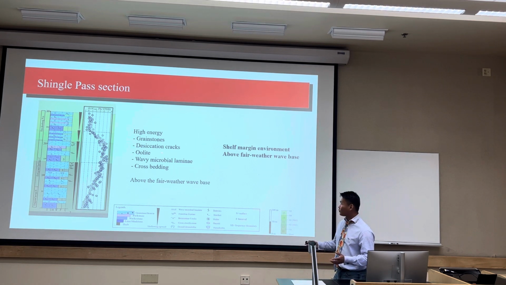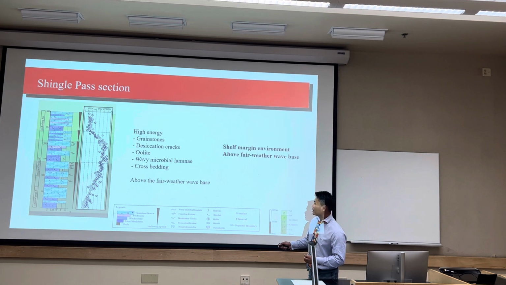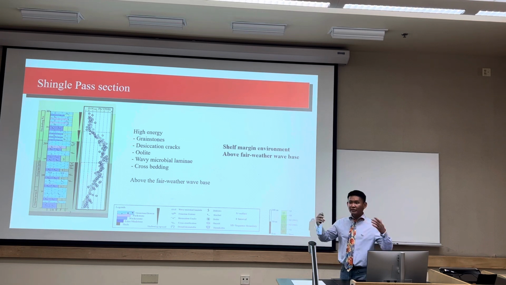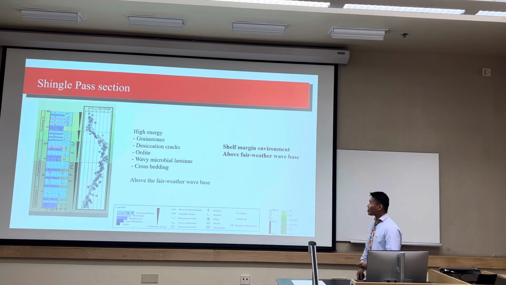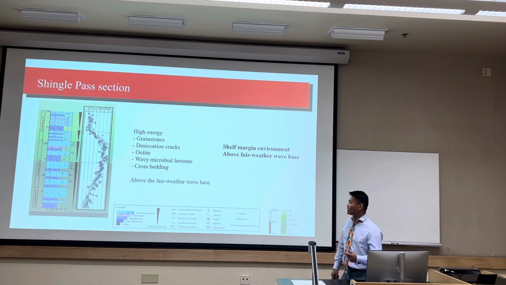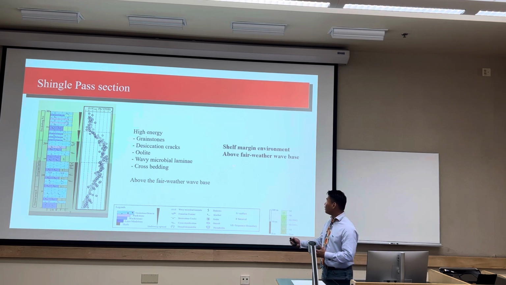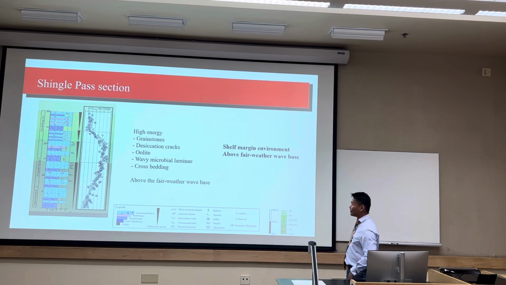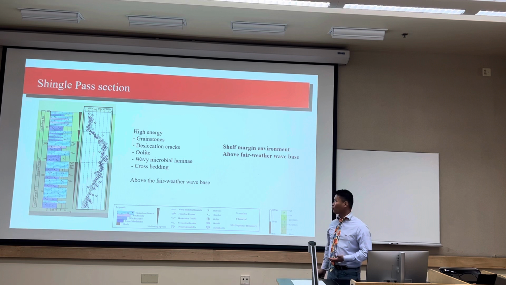There's a lot of grainstone, and then there's some cracks you can see right here, and then oolites as well. So all this indicates a high energy environment. So the Single Pass section was deposited in the shelf margin environment, and above the fair weather wave base. This is really high energy, close to the surface of the water.